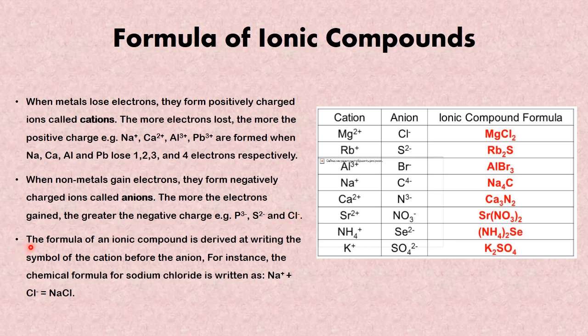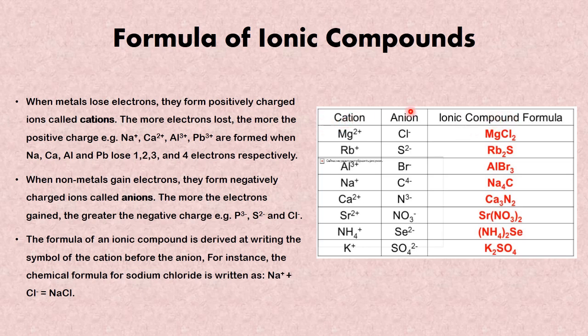Now this is important because the formula of an ionic compound is derived by writing the symbol of the cation before the anion. For instance, the chemical formula for sodium chloride, which is an ionic compound, is written as sodium ion plus chloride ion, which will give us sodium chloride. So you have examples of ionic compound formulas.